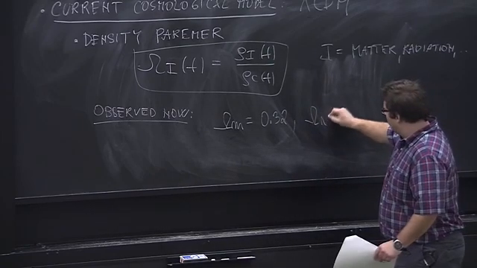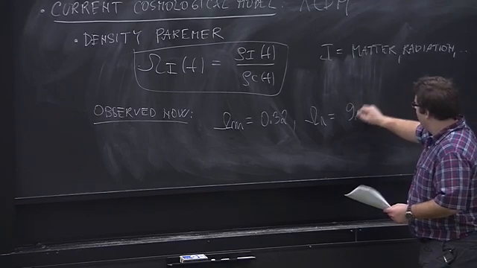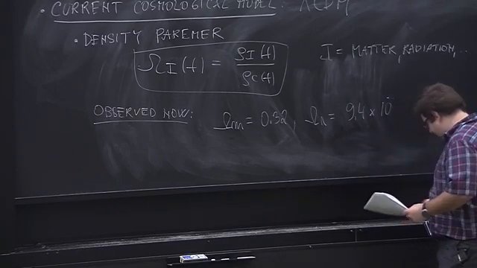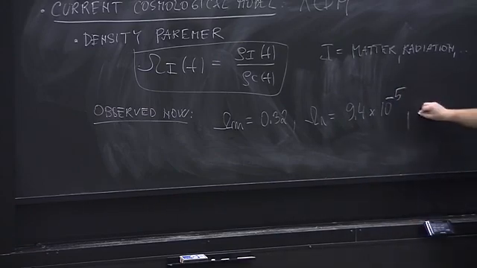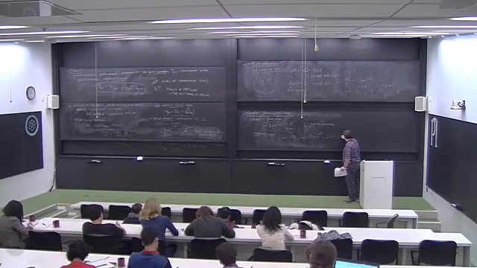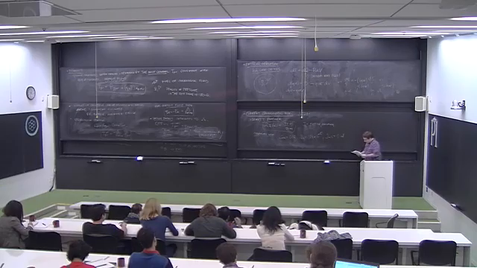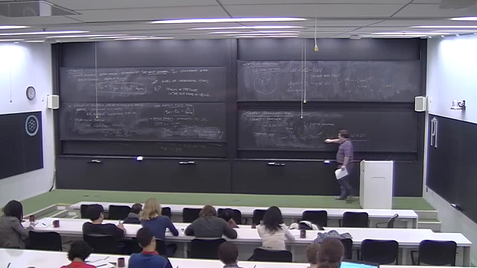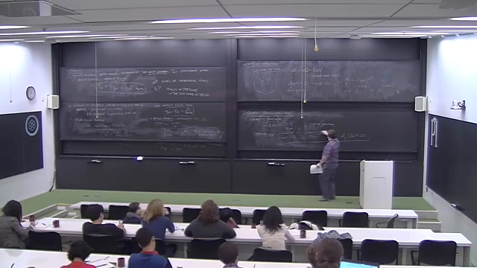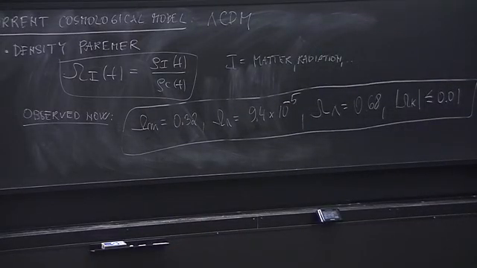Omega for radiation is not very big, it is 9.4 times 10 to the minus 5. Omega for lambda is quite big, 0.68. And omega for curvature is only an upper bound, and it's less than 0.01. So this is the content of the universe, if you want. That's the current content of the universe.